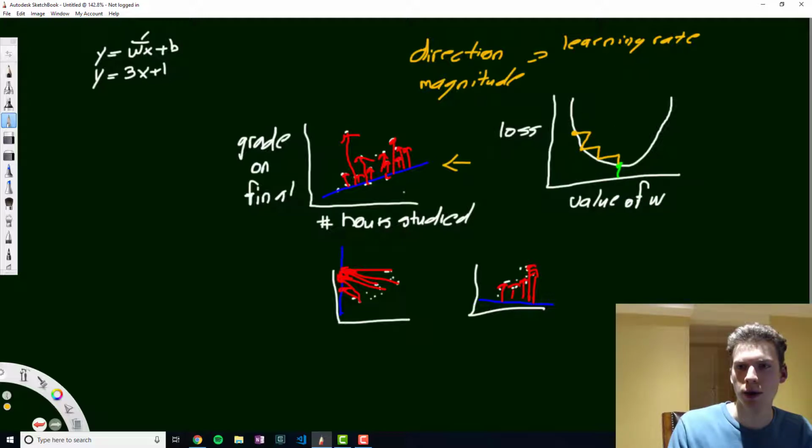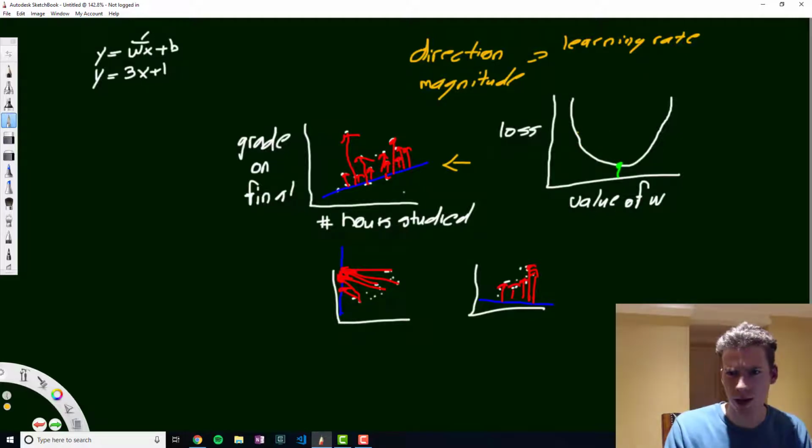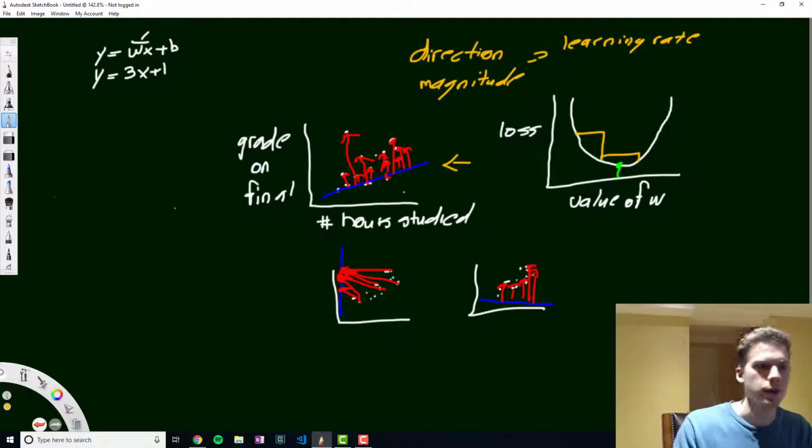And it's important to note that if you took a step size that was too small, well, then it would take forever for your model to learn. And if you took a step size that was too big, you could actually end up overshooting, finding the global minimum.